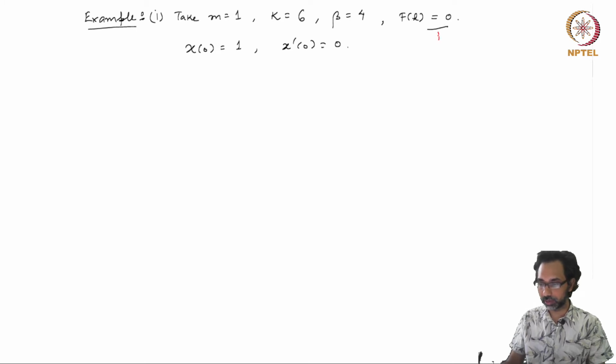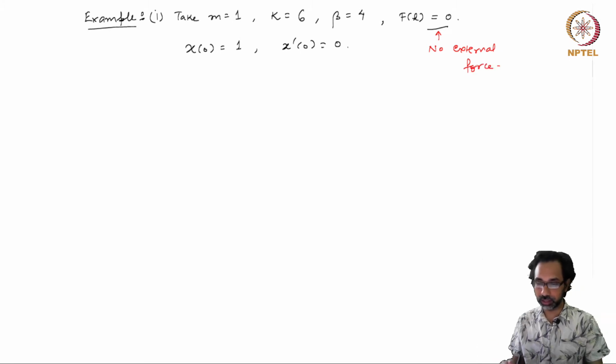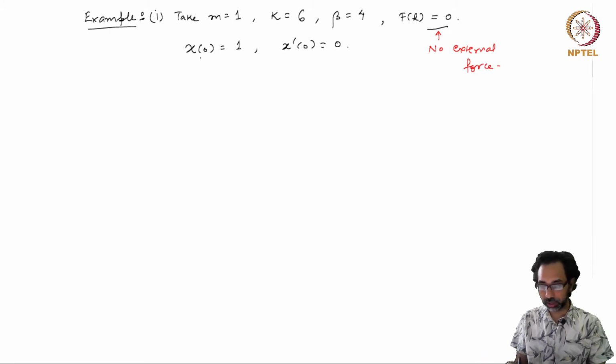So there is no external force present in this system, with initial conditions x(0) equals 1 and x prime 0 is 0.